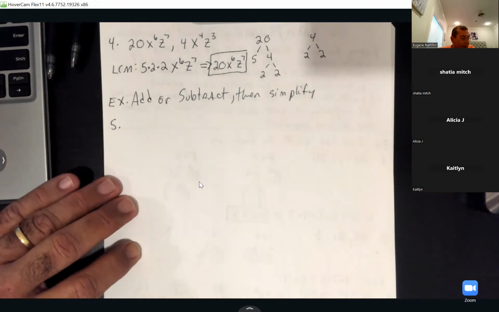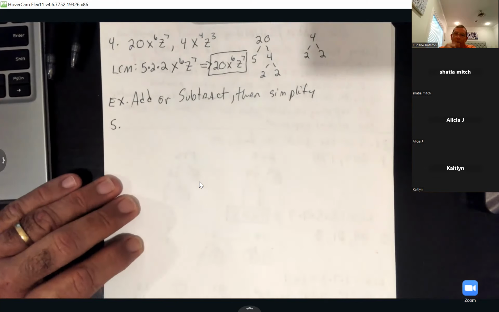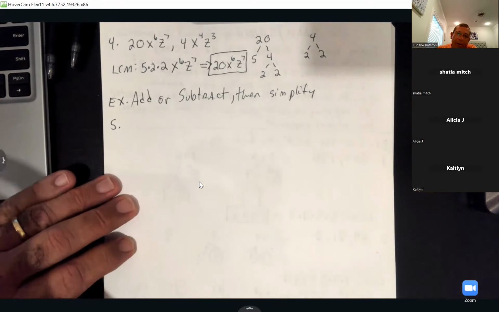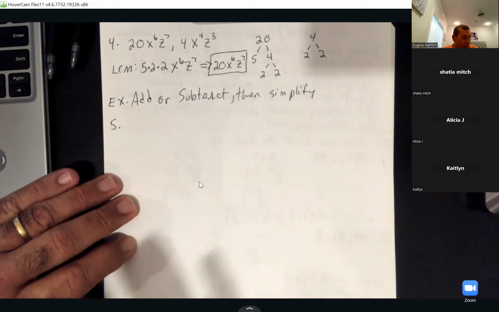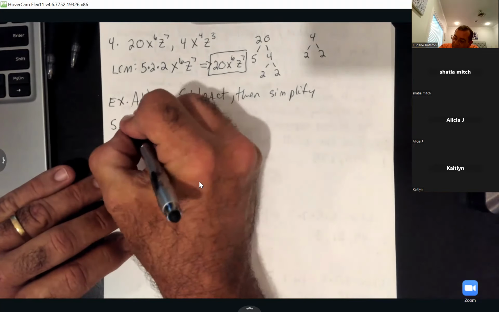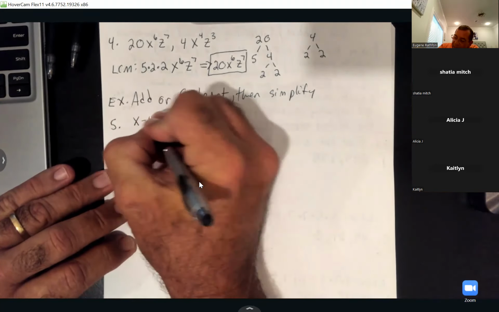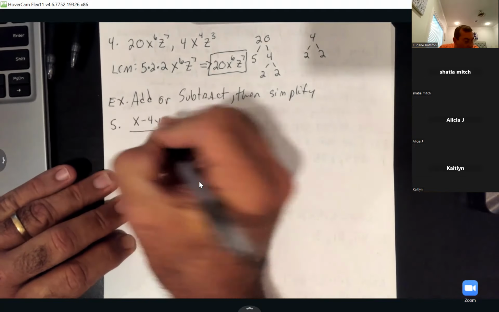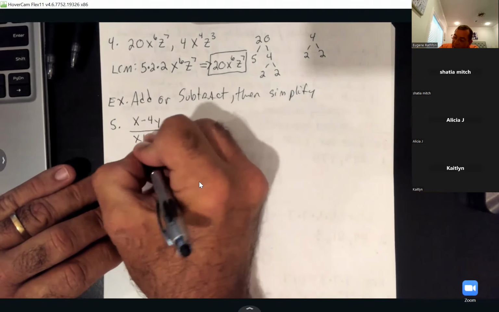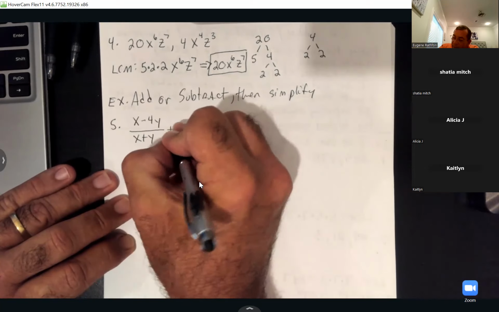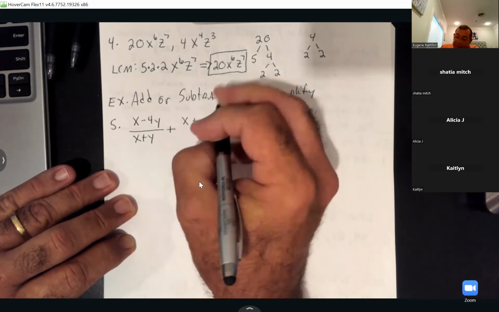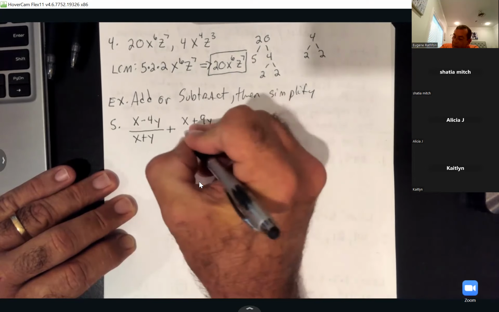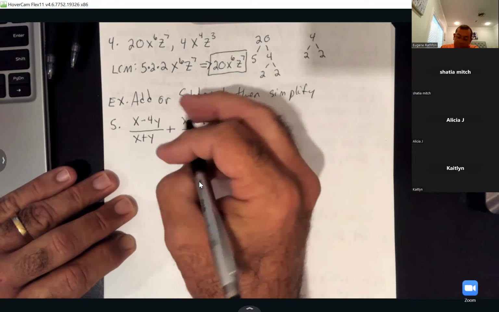Now, they were nice and ours already have a common denominator. So we don't have to worry about finding the least common denominator because ours will already have them on these two problems. So x minus 4y over x plus y plus, I got it, x plus 9y over x plus y.